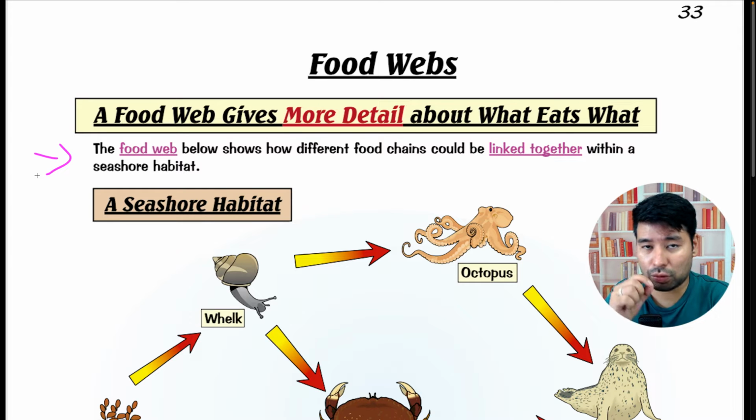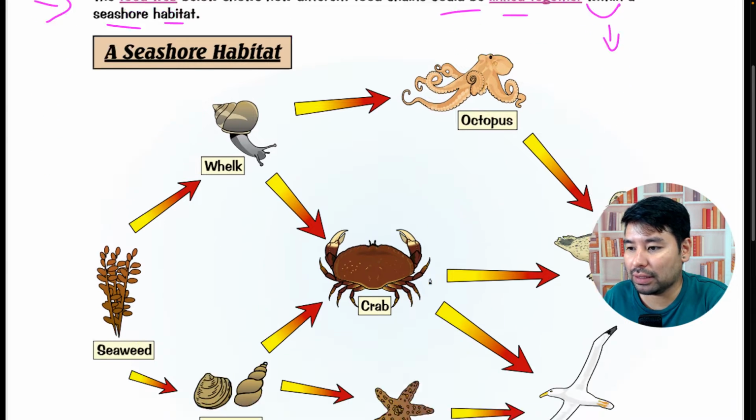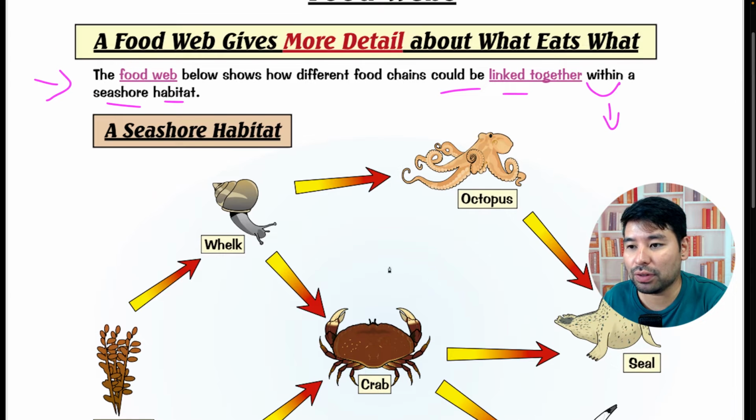Eu vou dar só algumas palavras em português, porque vocês têm que buscar compreender por conta própria. Could be, podem ser linkadas, ligadas juntas. Within é dentro, ok? Dentro de um seashore habitat, ou seja, o habitat desses seres vivos. Onde eles vivem? Eles vivem no seashore habitat. O nome do habitat é seashore.